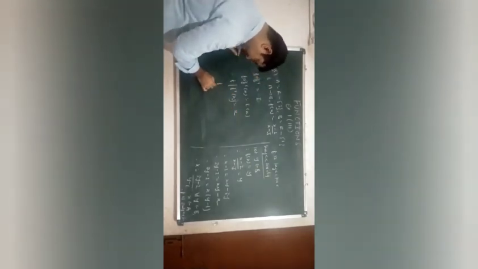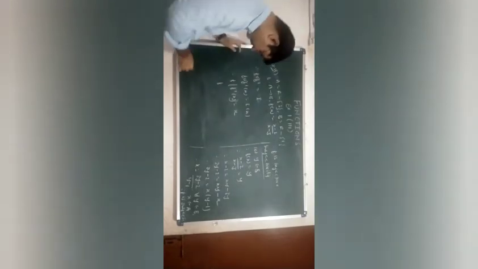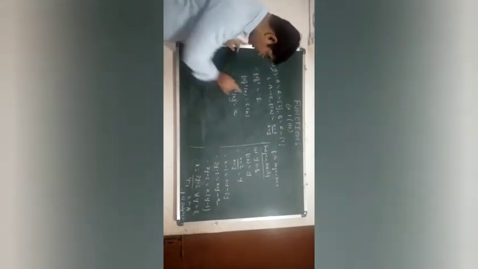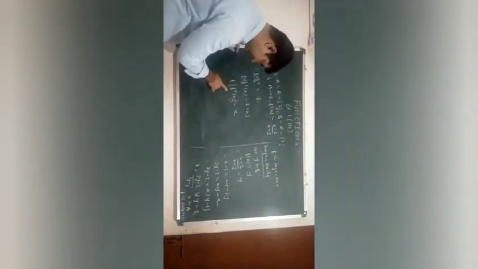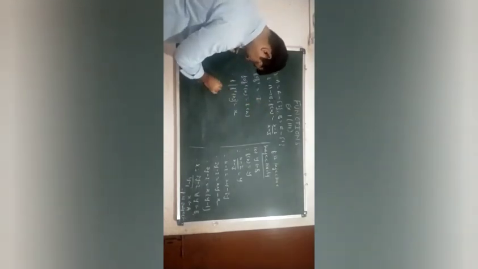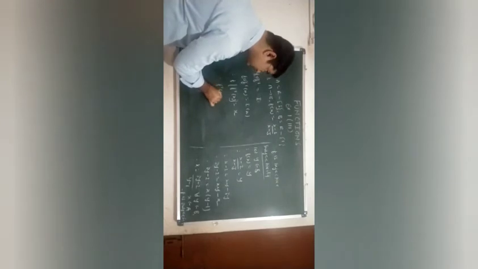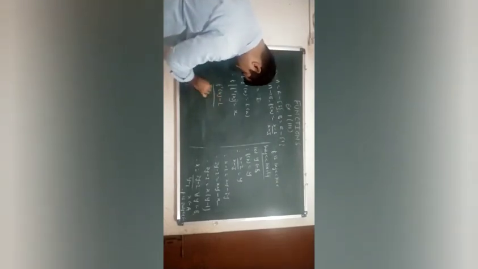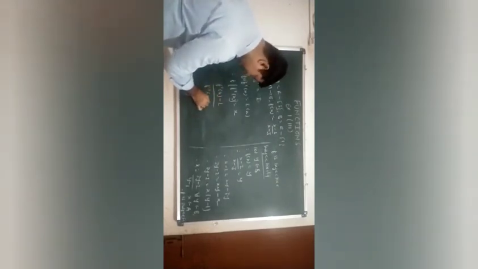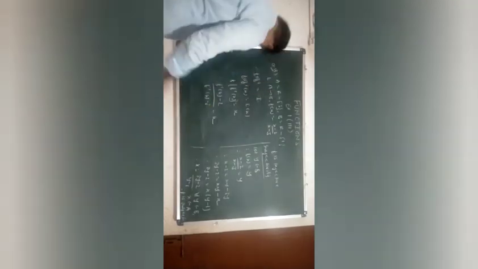Therefore, in the formula of function f, let us put for x, f inverse x. So (f inverse x minus 2)/(f inverse x minus 3) is equal to x.